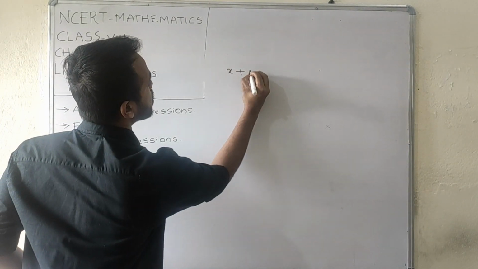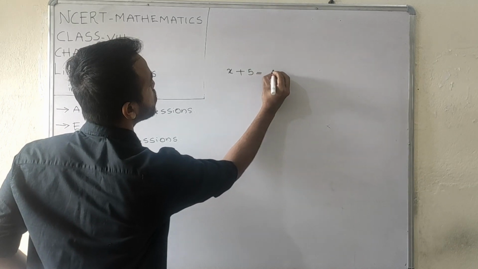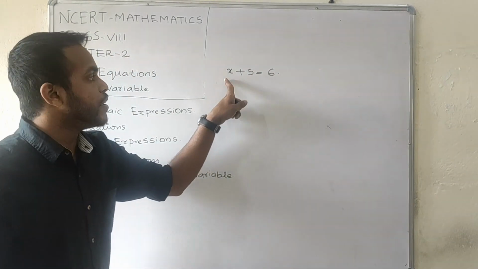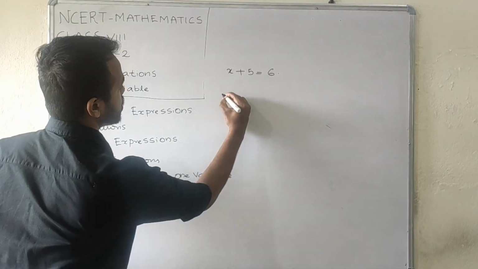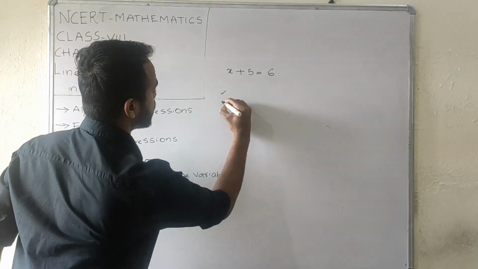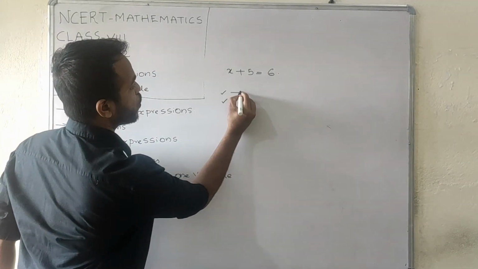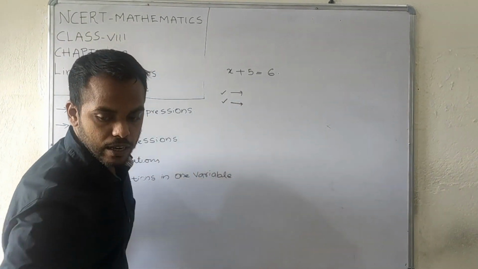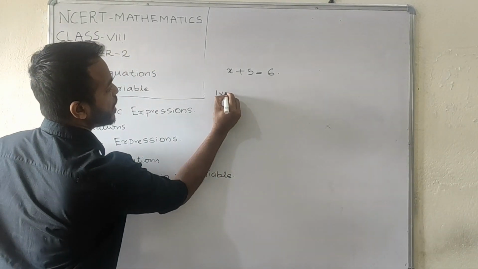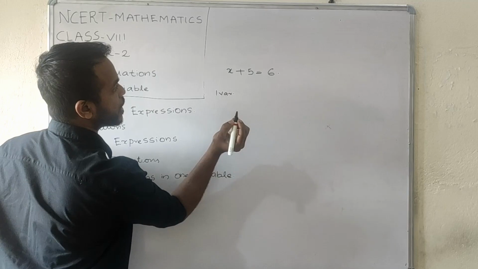x plus 5 is equal to 6. How many variables are here? Only one. Okay. Now our first condition is satisfied. Now, is there an equal symbol? Yes, there is an equal symbol. Okay. For your understanding, I will give you just like a checklist. One variable only. It should only contain one variable.